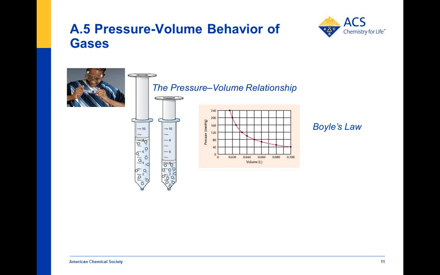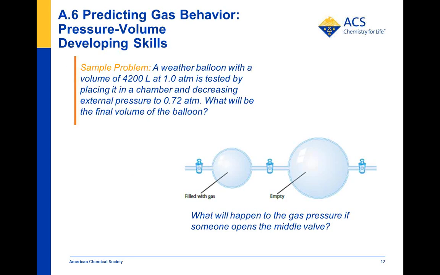We follow up with reading the table, reading the graph, and then going forward using the formula P1 V1 equals P2 V2. And we will be then doing a developing skill using the information that we just gained.